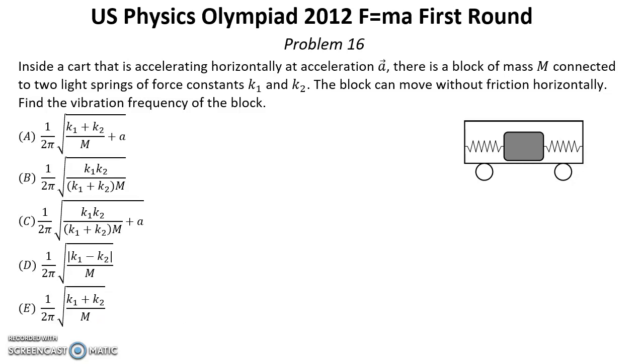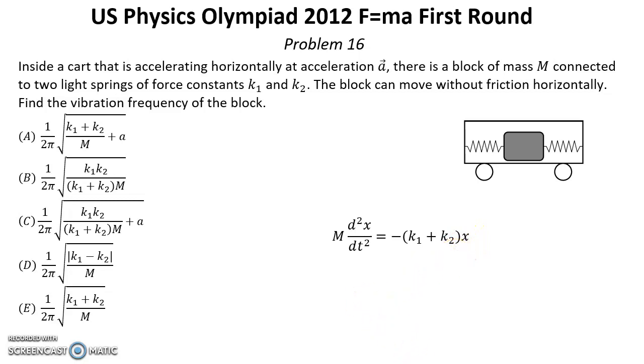In this frame of reference, which is moving with acceleration A, the equation for motion of this block will look like this. Mass multiplied by acceleration in direction x is equal to negative K1 plus K2 multiplied by displacement x.